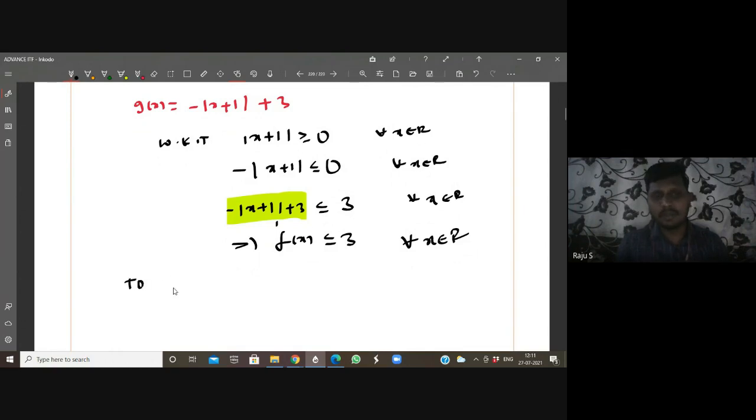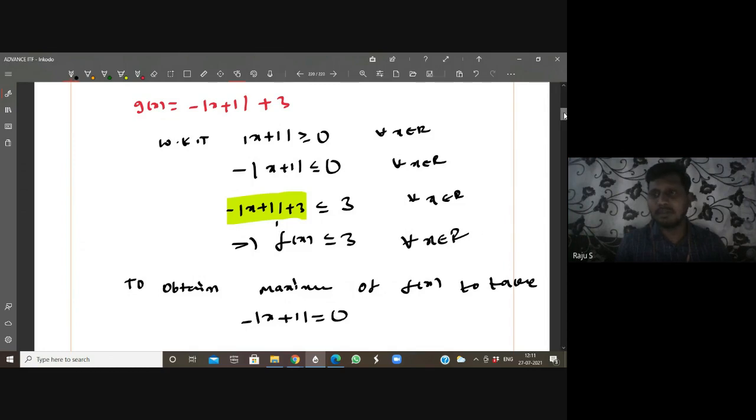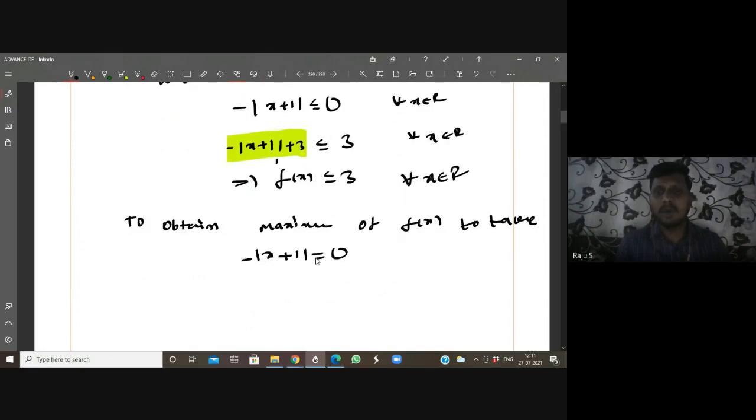You can write here: to obtain the maximum of f of x, take modulus of x plus 1 equal to 0. So x plus 1 is equal to 0, x is equal to minus 1. So we got the point. Now you have to find f of minus 1.